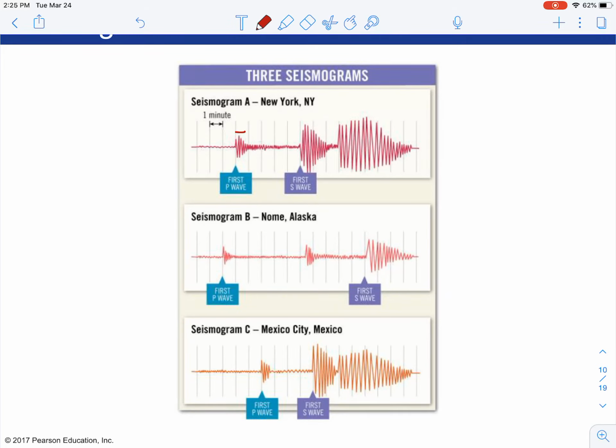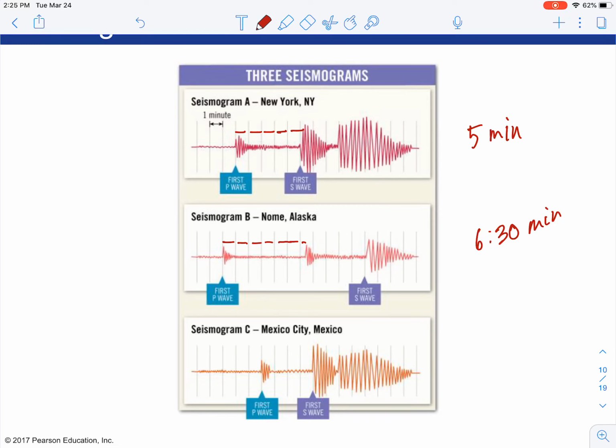So here's New York, New York. 1, 2, 3, 4, 5 minutes of lag up there. Whereas Nome, Alaska would be 1, 2, 3, 4, 5, 6, about 6.5 minutes, or 6 minutes and 30 seconds.